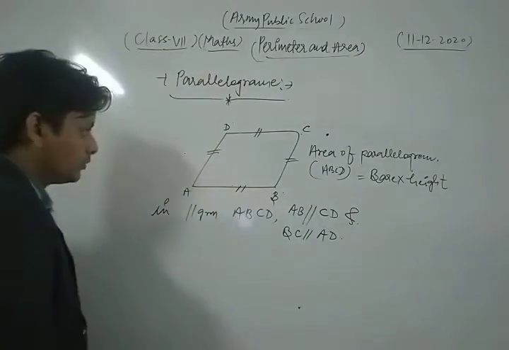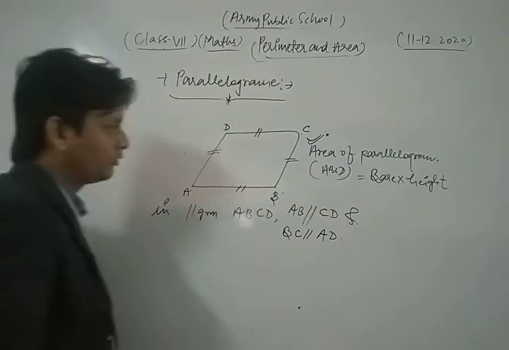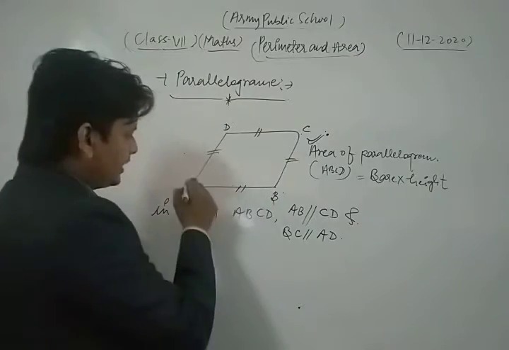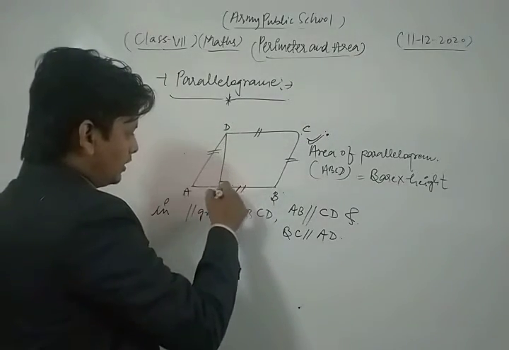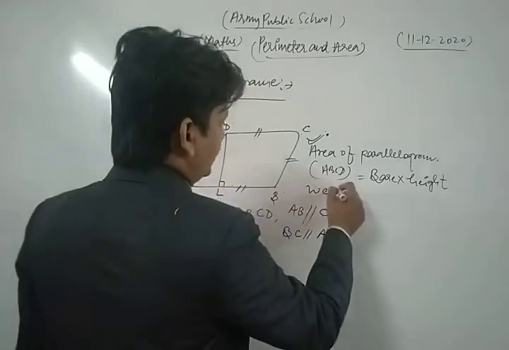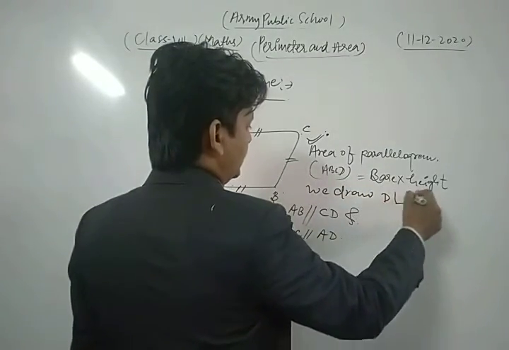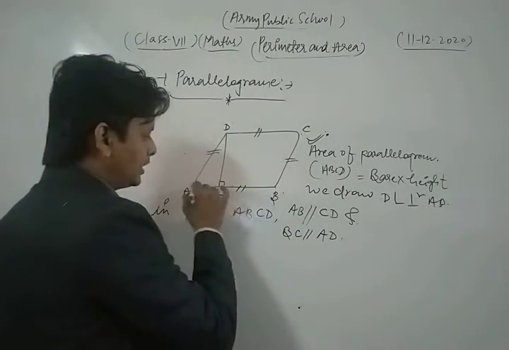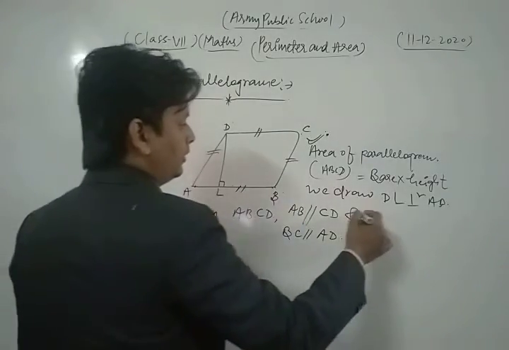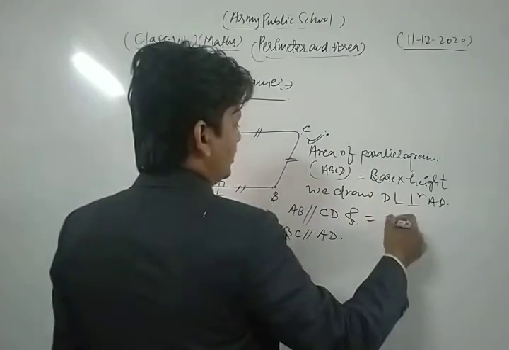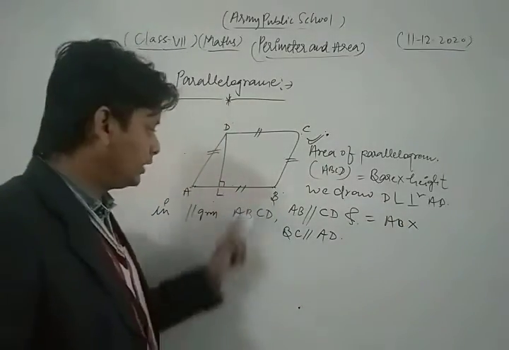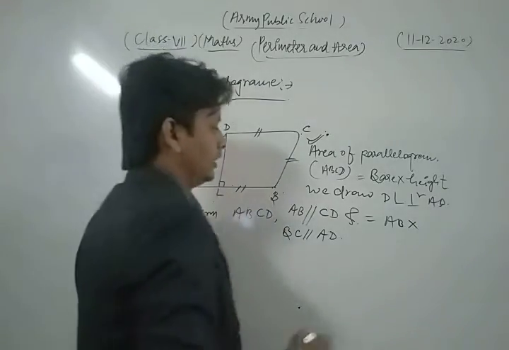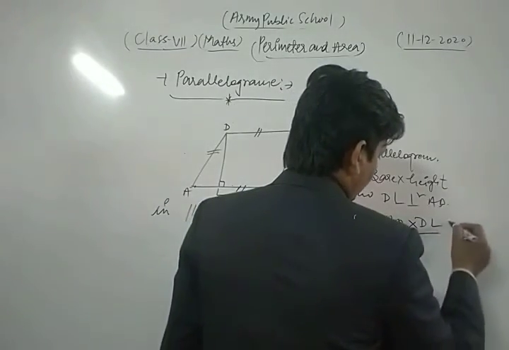Now, dear students, so this is the main condition of a parallelogram. Let's see. In that parallelogram, suppose we draw DL perpendicular to the base AB. Then the area of that parallelogram is base AB into the corresponding altitude, DL.